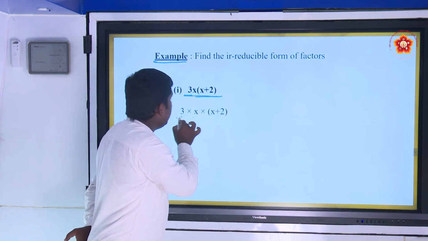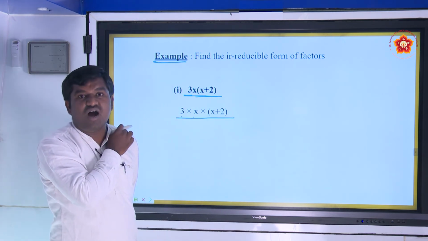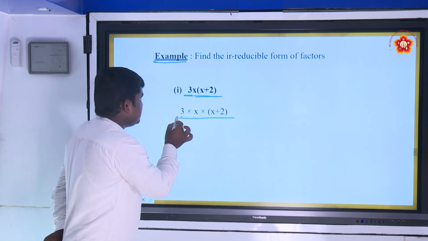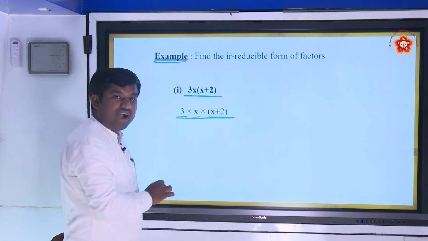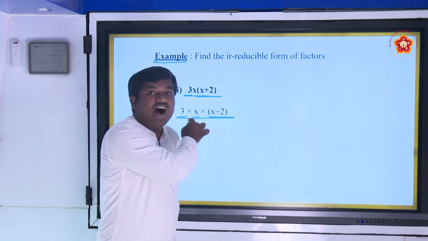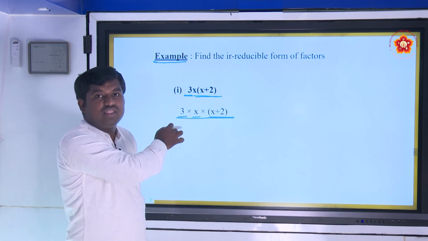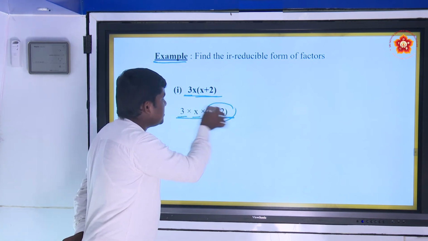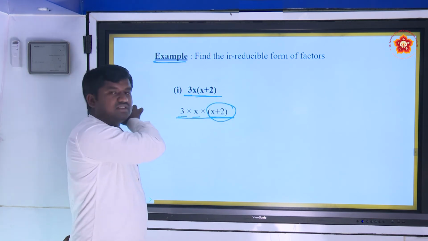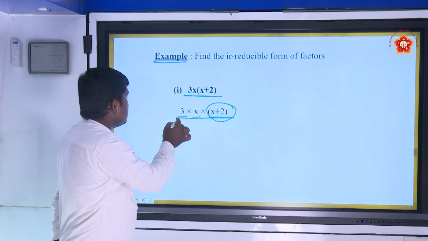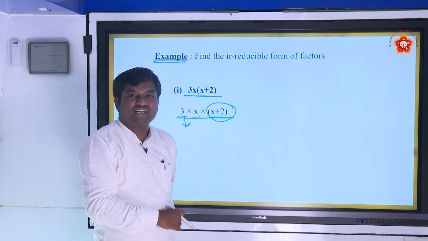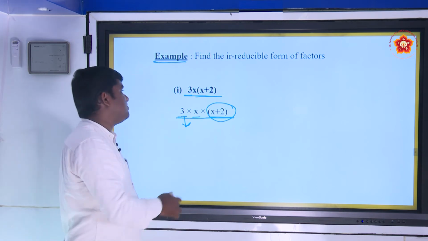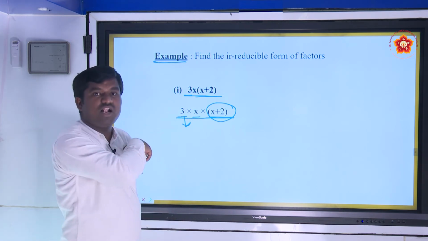This is the irreducible form. 3 is one factor, x is another factor, and x plus 2 is a factor, in algebraic expression form. Are we able to express this again as a product of factors? No, not possible. So this is the irreducible form.